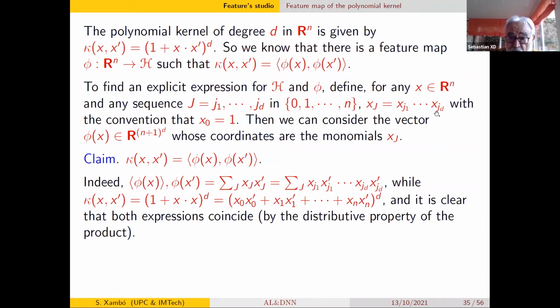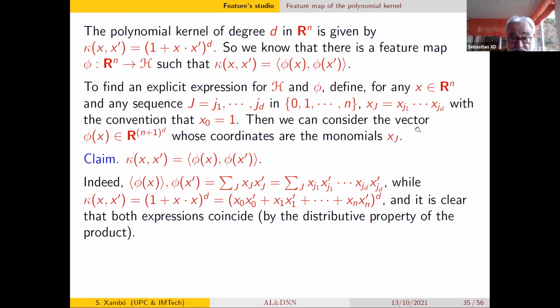So you multiply only these coordinates of the vector x, the coordinates indicated by j. We make a convention, though, that since the indices may be 0, then we take x_0 to be 1. It's an extension like when you do projective geometry, for example.